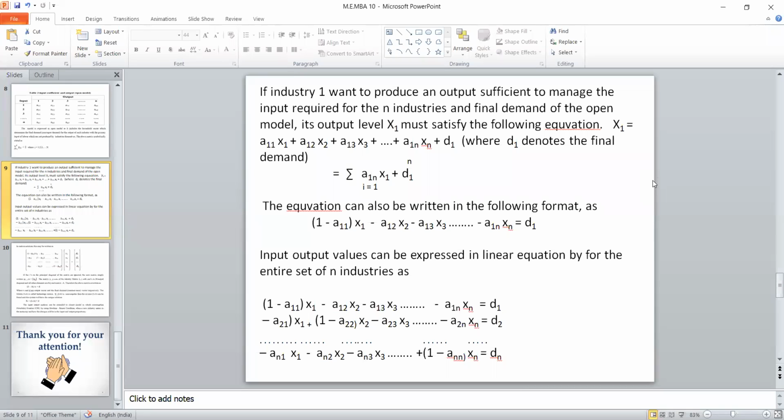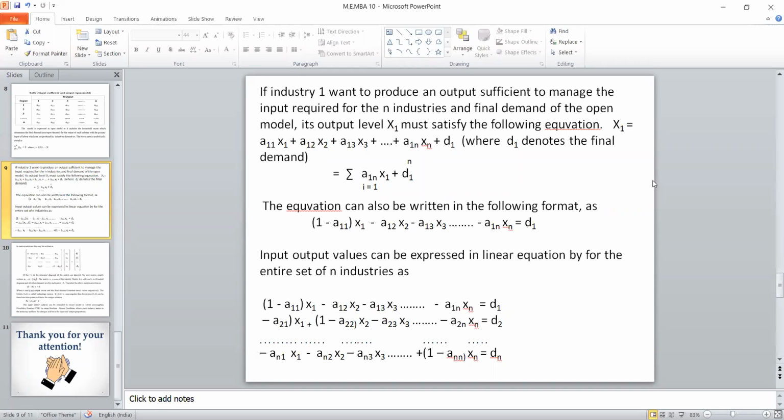For example, an industry is there. The first industry is producing 100 units in total. It gives 10 units to each, meaning A11 represents 10 units of the first industry's output used as the first industry's input. Then what is A12? The first industry's output for the second industry's input. Likewise A12, A13, A14 up to A1n.